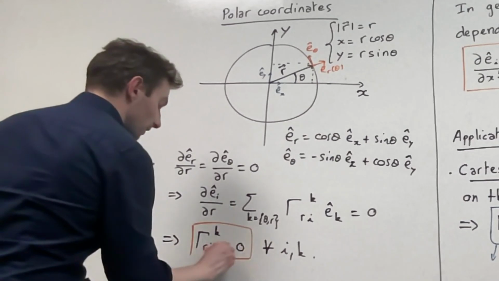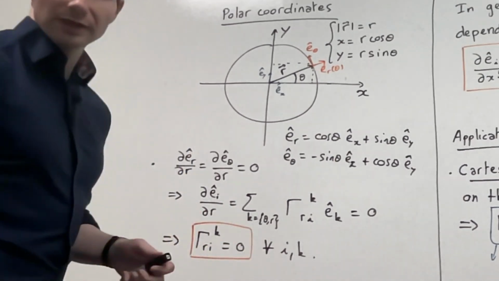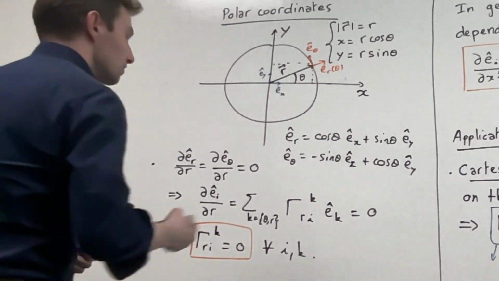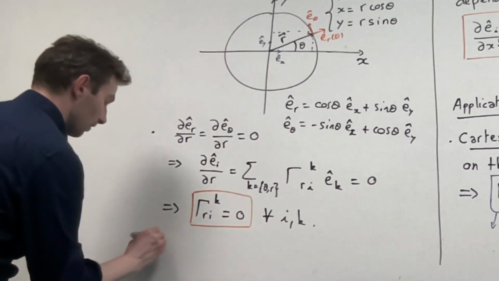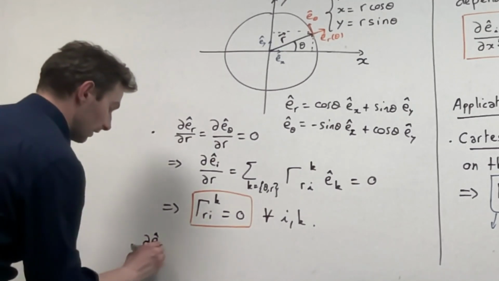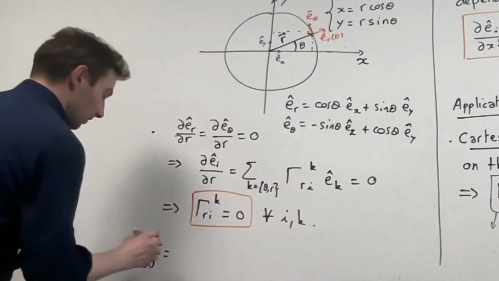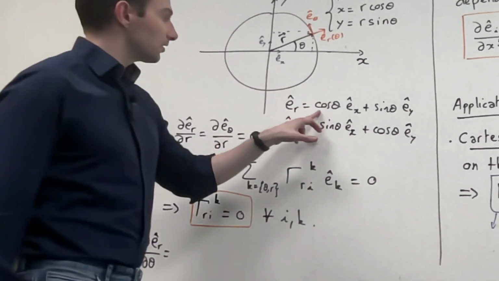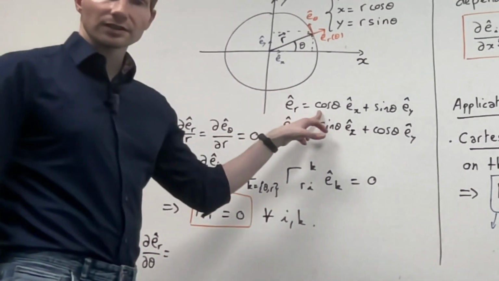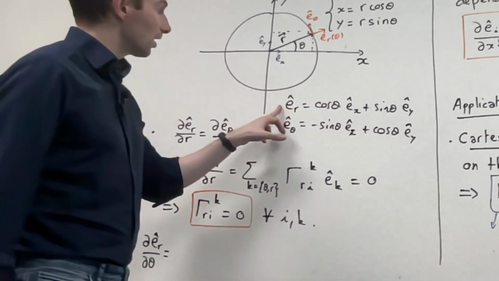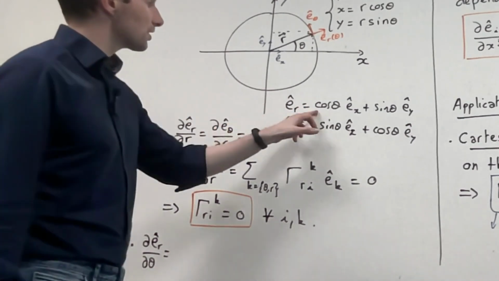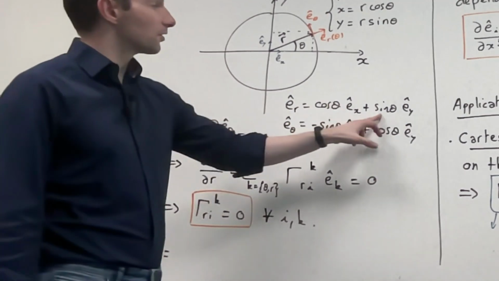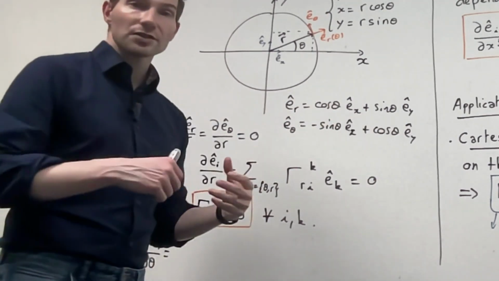And then one of the things we can look at is when we take derivatives. If I look at d of ER d theta, you can realize that the derivative of a sum is a sum of the derivatives, so the derivative of cosine is minus sine theta, and the derivative of sine is cosine.